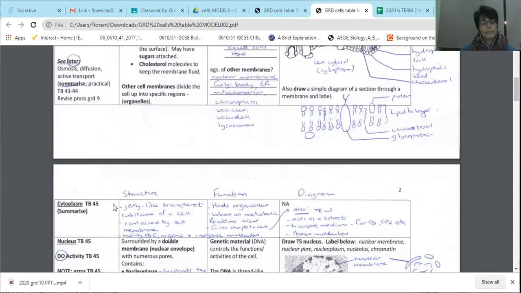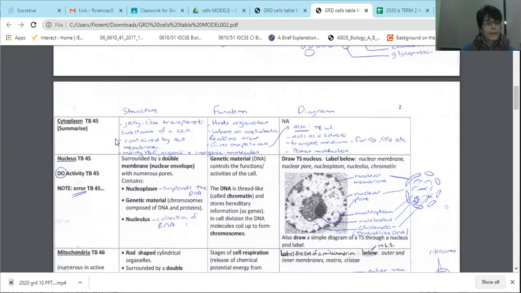Now, the last little bit for today: on page 45 of your textbook, there's quite a nice summary of what the cytoplasm of a cell is like. It's not going to have color. Green plant cells are green because of the chlorophyll in them, but cells don't have color. So they've got a jelly-like transparent substance.